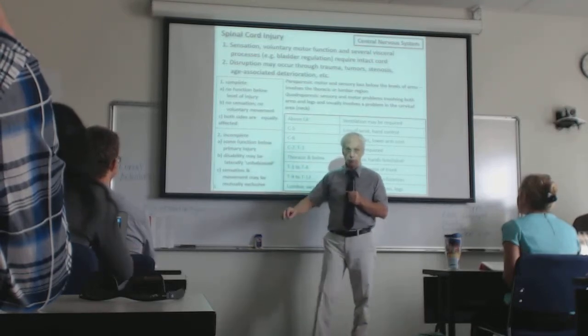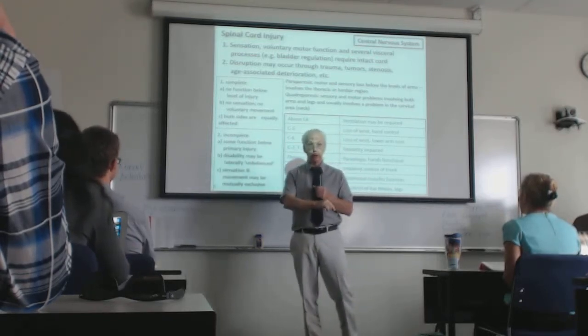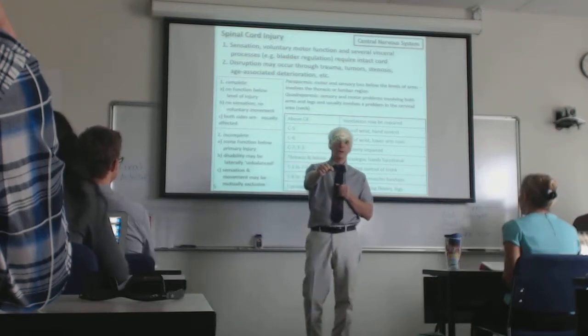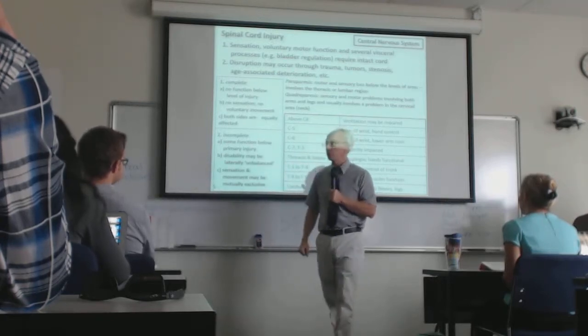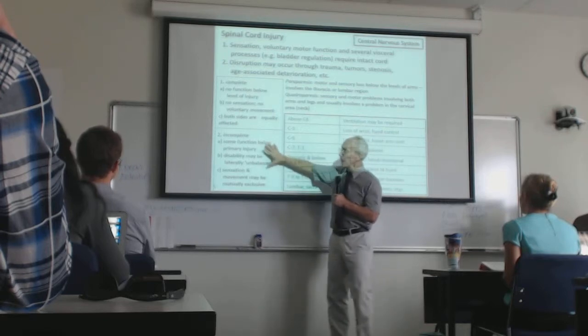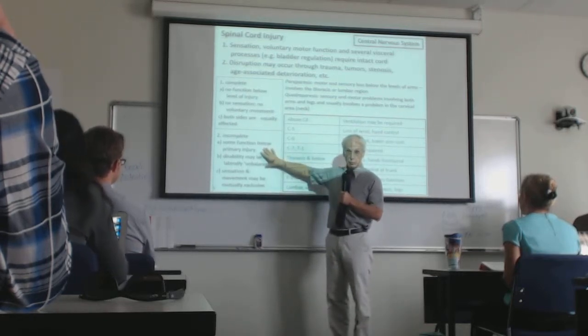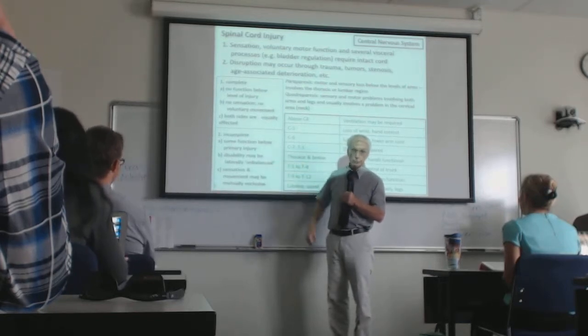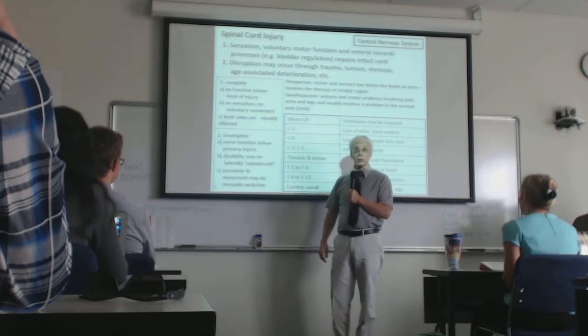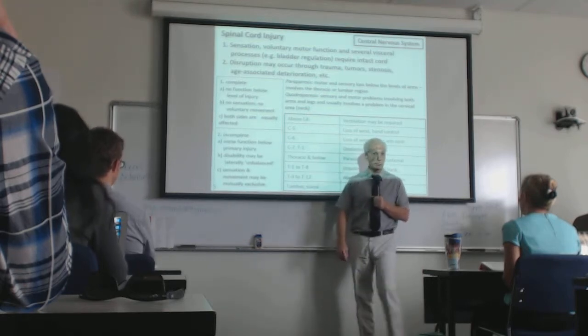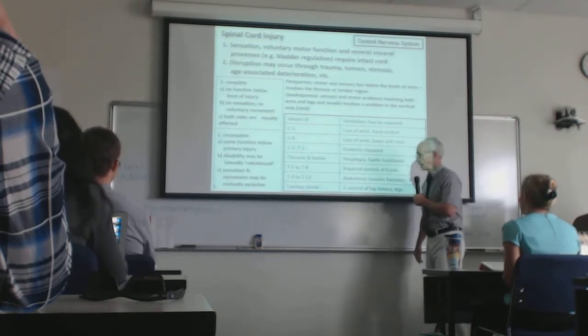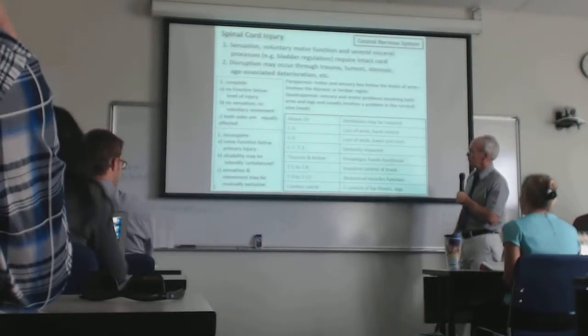It may be on the right side, it may be on the left side, it may be primarily sensory, or primarily motor. By an incomplete injury, we just mean that there's not a complete transection. It's partial, it may be hemilateral, it may be anterior. But of course, in addition to whatever imaging is done, there has to be a functional assessment, and I wouldn't be surprised if that often rests upon your shoulders.